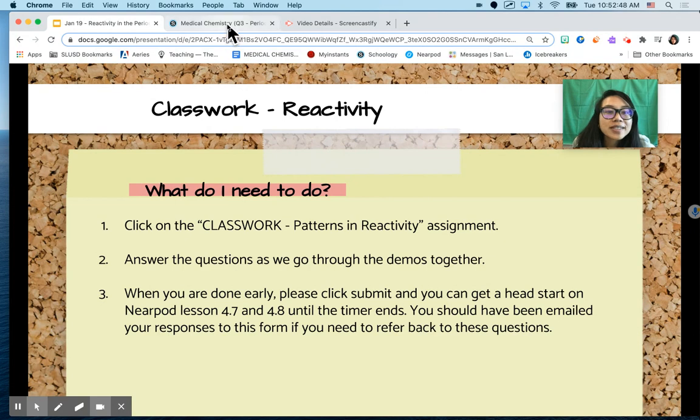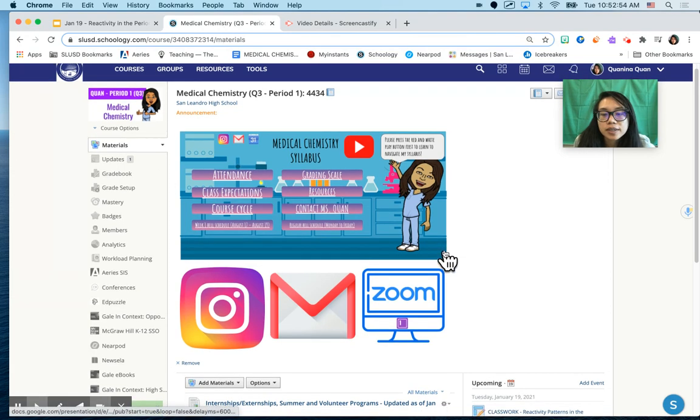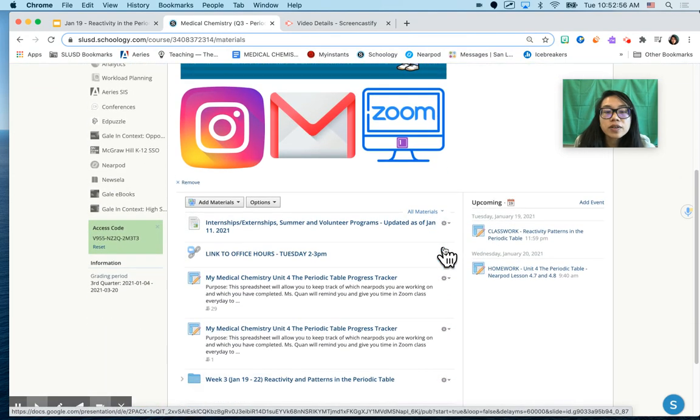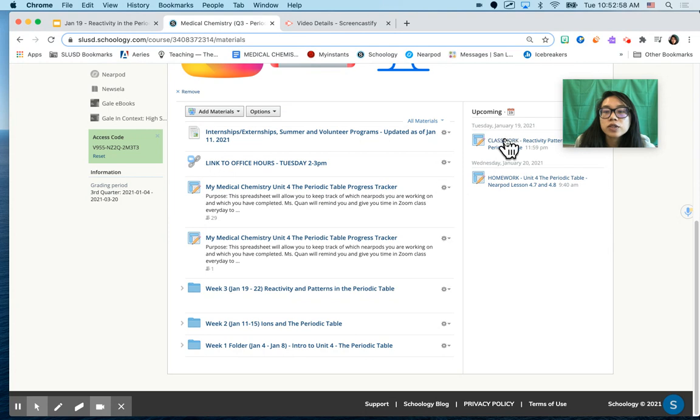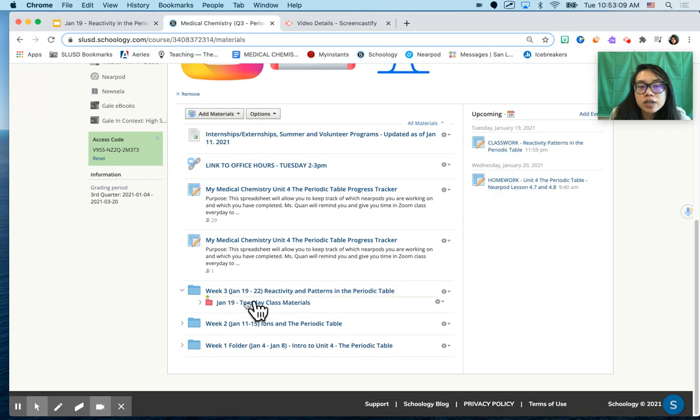To do that, you're going to go onto your main Schoology page, and you're either going to scroll down to the upcoming section, the classwork Reactivity Patterns in the Periodic Table, or if you don't see it in the upcoming section, go ahead and click down to the week 3 folder right here.